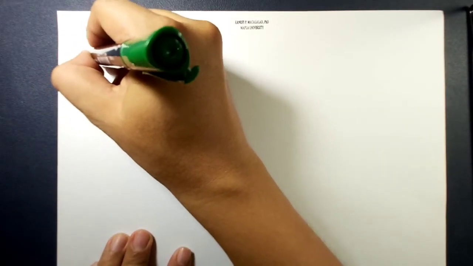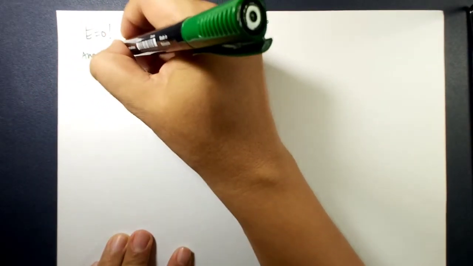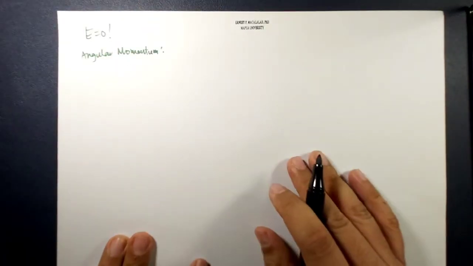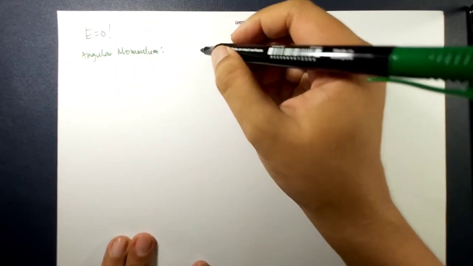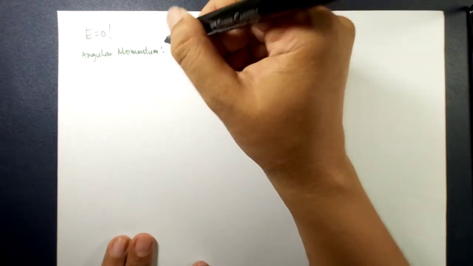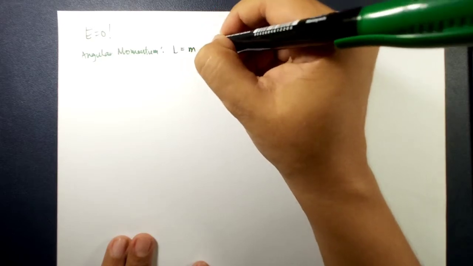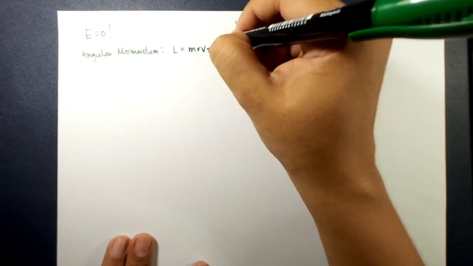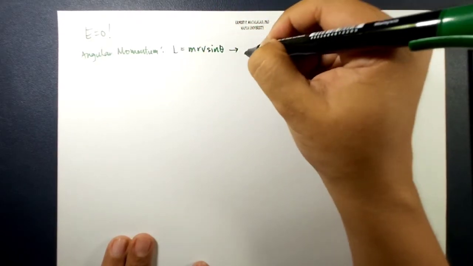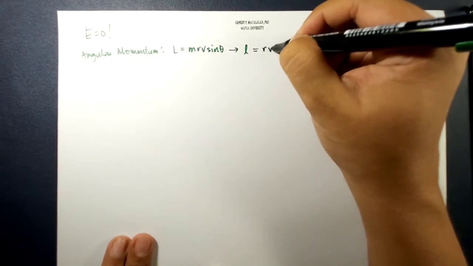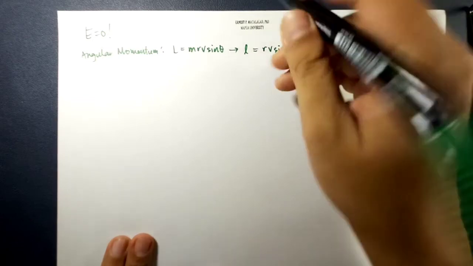Also, if you want to calculate the angular momentum, the magnitude of the angular momentum is m r v sine theta, which gives us the angular momentum per unit mass to be r v sine theta.